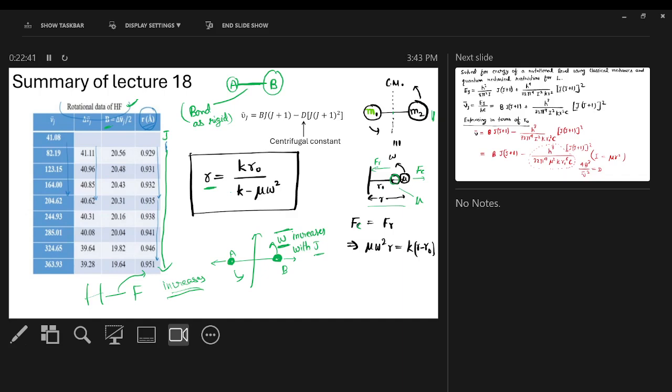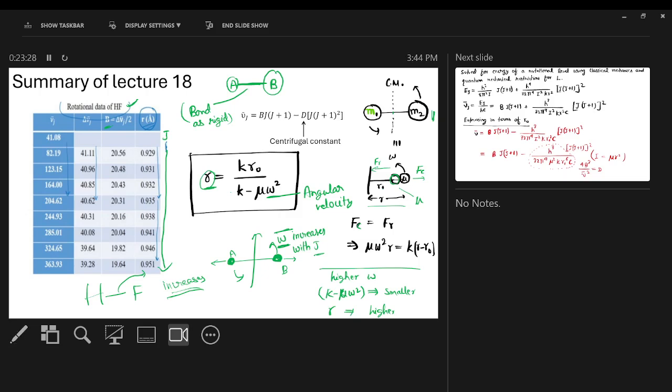We can see here that this R is dependent on the angular velocity, omega. The higher the value of omega, the smaller this denominator, mu omega square, will be, and the higher this R will be.